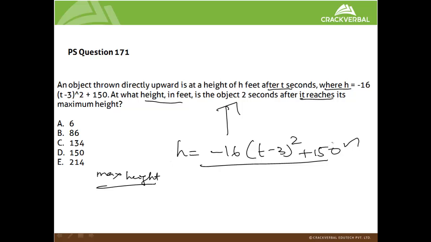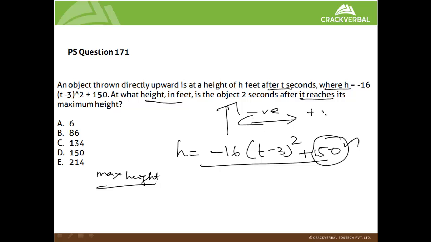So maximum height means, see here we have 150 plus 16 times a negative number, because (t minus 3) squared, irrespective of what value you put for t, whether you put 1000 or 10,000, since it is a square, this is always going to give you a positive number.